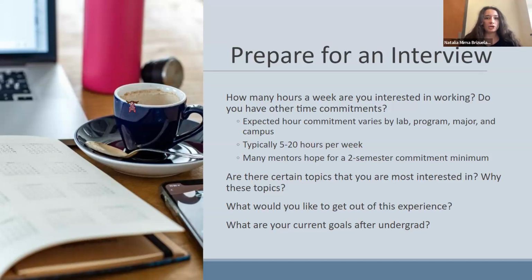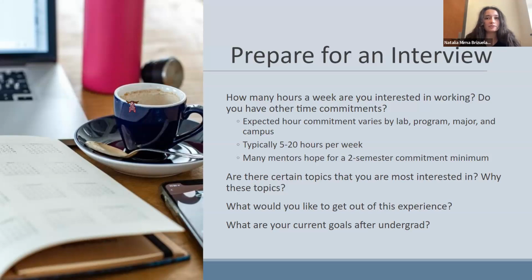Some experiments are much more time intensive than that, and some are much less. So it's important to have a sense of how much time you have and what time you're willing to give.